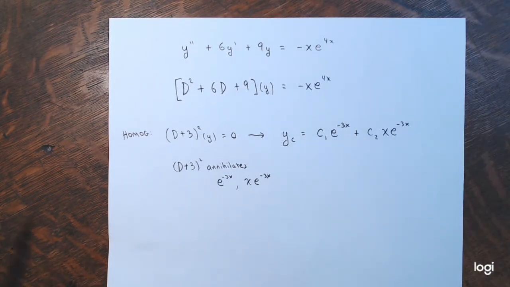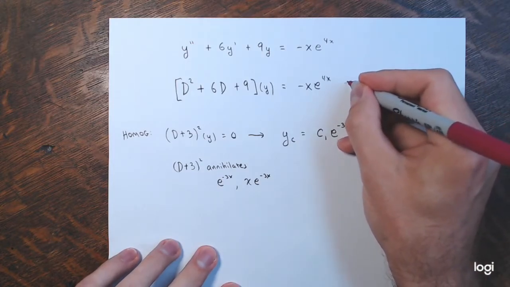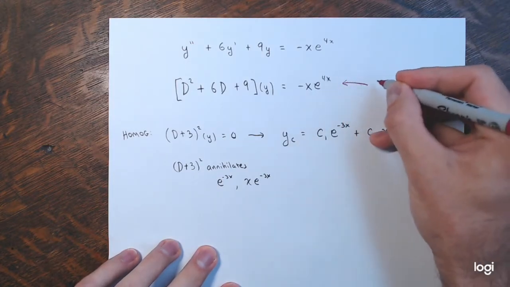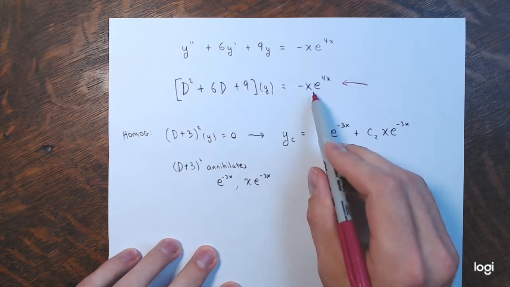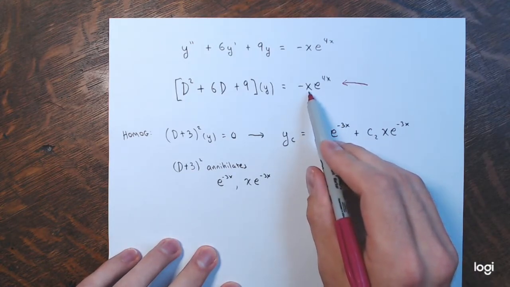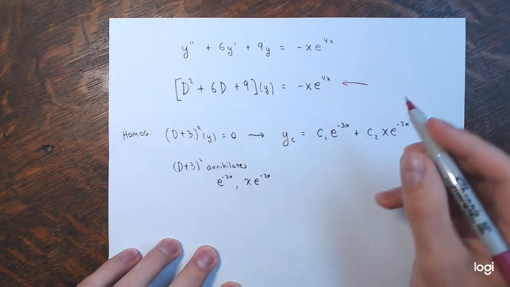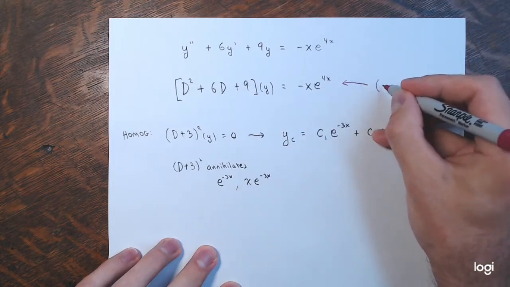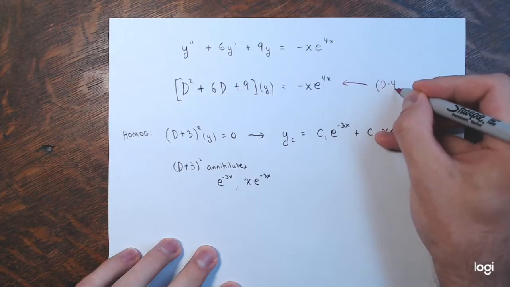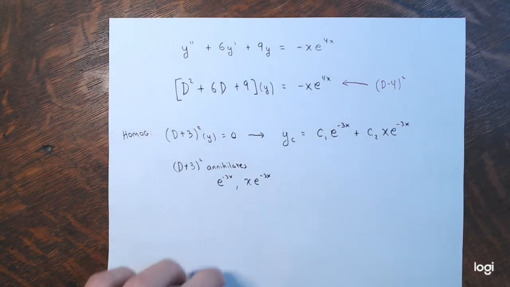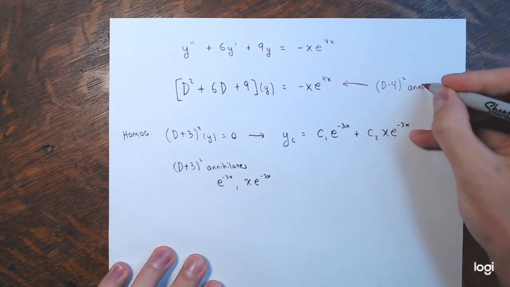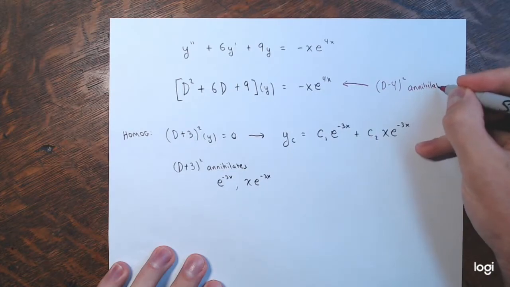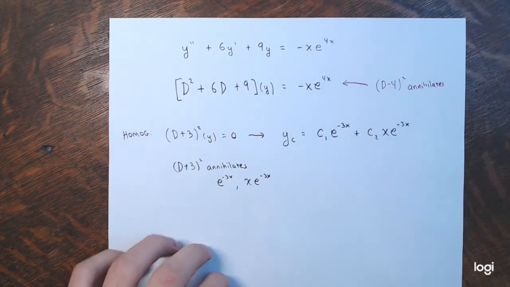All right, and then I would like to go back to the original and apply the annihilator of the side that makes it non-homogeneous, the side with negative x times e to the 4x. What would annihilate this would be D minus 4 squared. The operator D minus 4 squared annihilates this. All right.